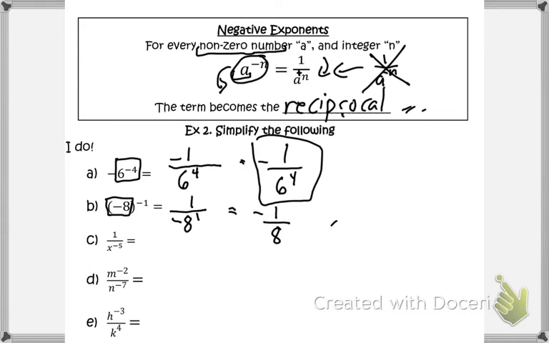All right, let's take a look at c. At c, we have 1 over x to the -5. Whoa, hold up. That x to the -5 is already on the bottom. What do you think we'll do if you have a negative exponent and it's already on the bottom? What do you think is going to happen? If you say that it's going to go to the top, you are correct. So I'm going to take this term and I'm going to bring it to the top. So I'm going to flip it.